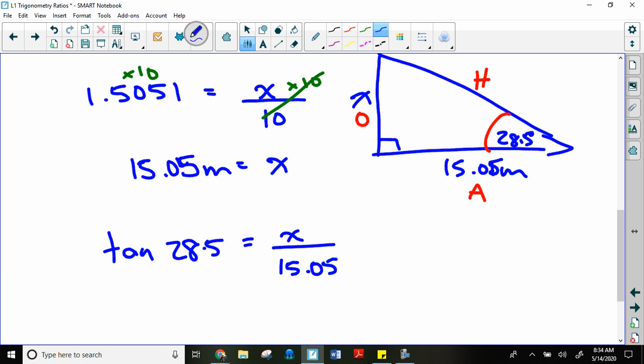Tan of 28.5 is 0.5430, so 0.5430 equals x over 15.05.